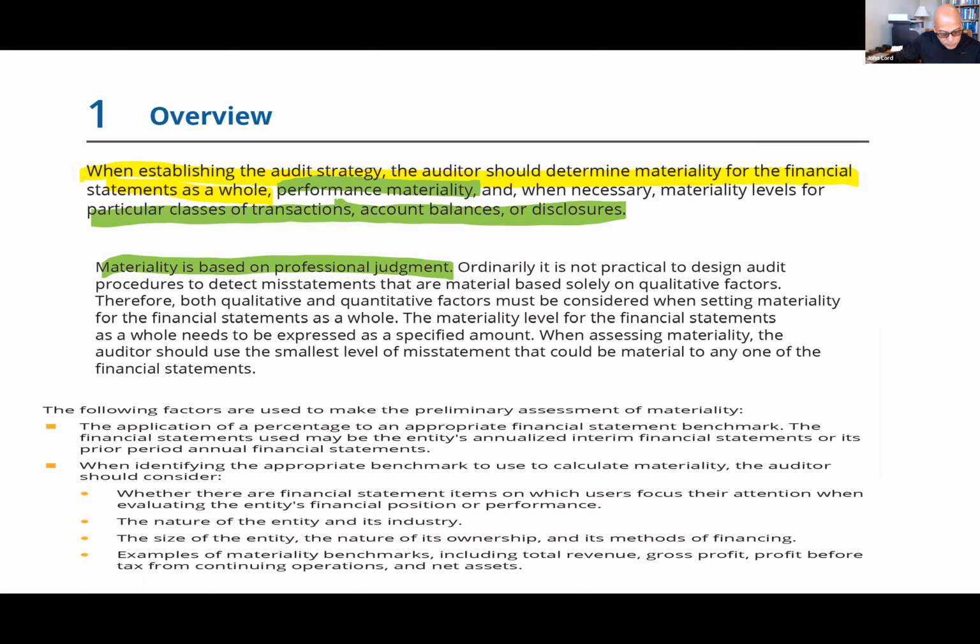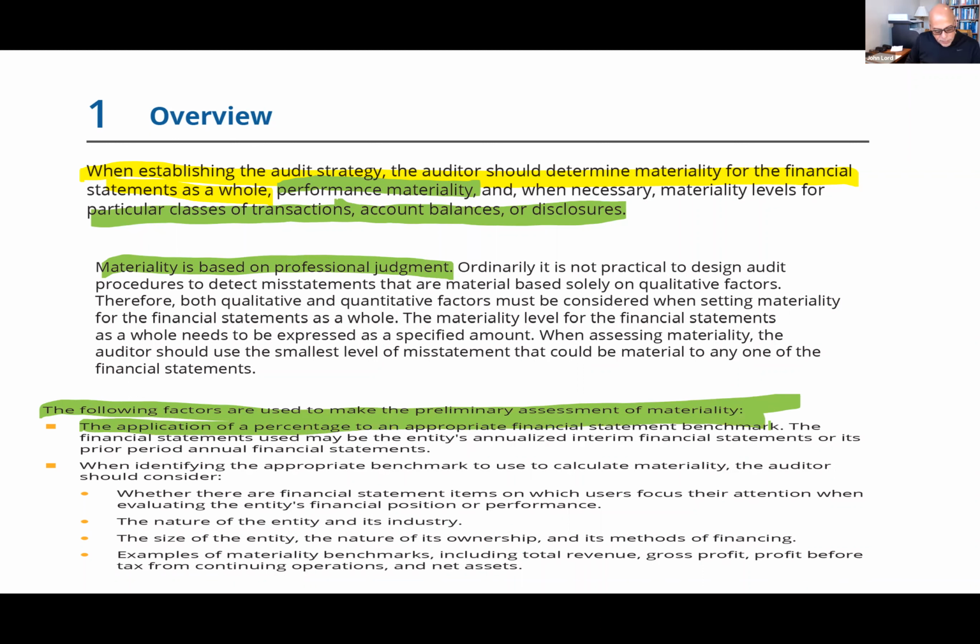Now, when we look, we can see, going back to the previous slide, factors that are being used to make the materiality assessment. It's going to be the application of percentage to an appropriate financial statement benchmark.